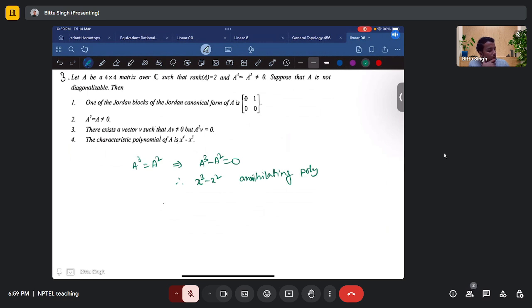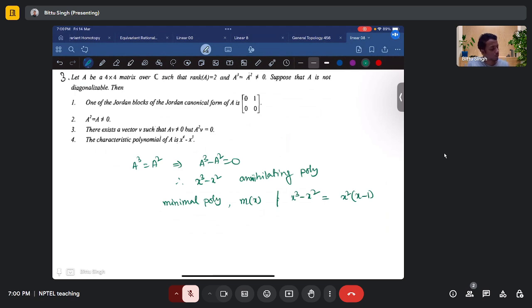Therefore, minimal polynomial of A, suppose this is the minimal polynomial, this divides x cube minus x square, right? But this is same as x square into x minus 1.